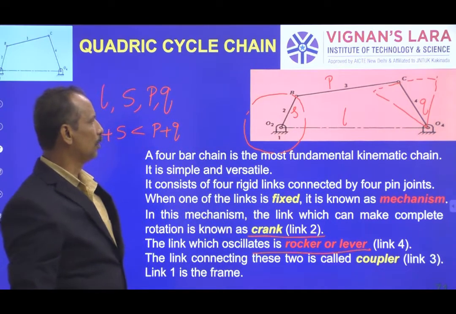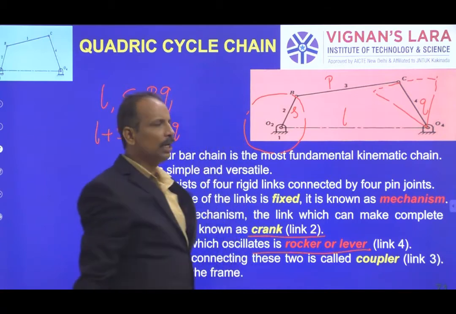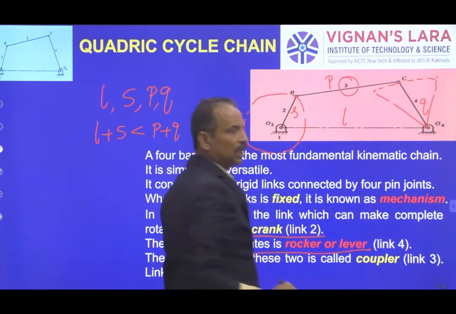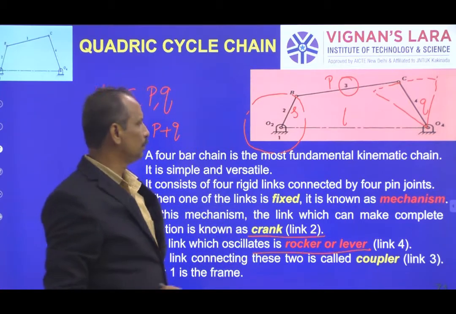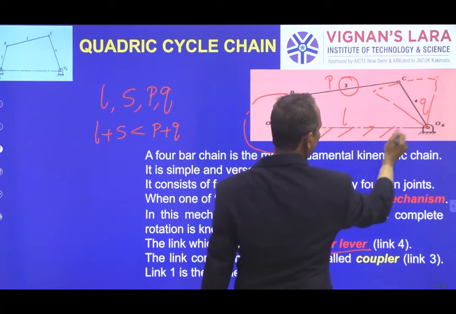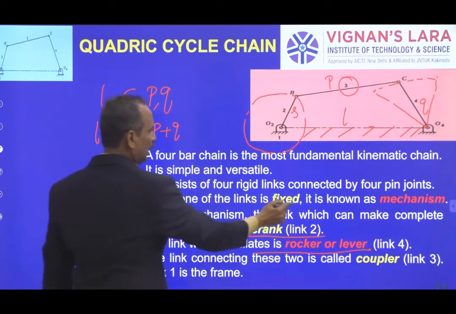This is link 4. These two links are connected by another link, link number 3, called the coupler. And one of the links is fixed in this mechanism, that is link number 1. So this is the fixed link.